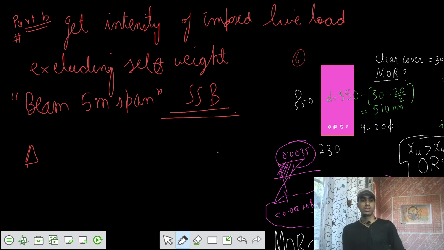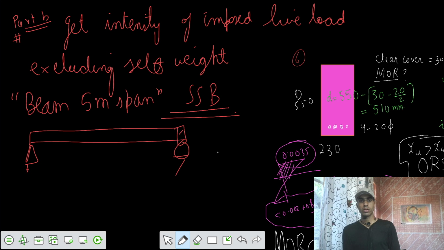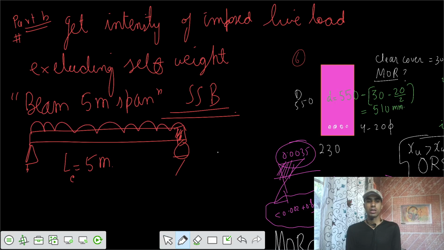That means the beam is in this fashion. Some cross section is there. The cross section is provided to you, and the effective length between the supports is 5 meter, and there's some UDL acting here. One is the self weight, and one is the live load. So we need to get the live load value.